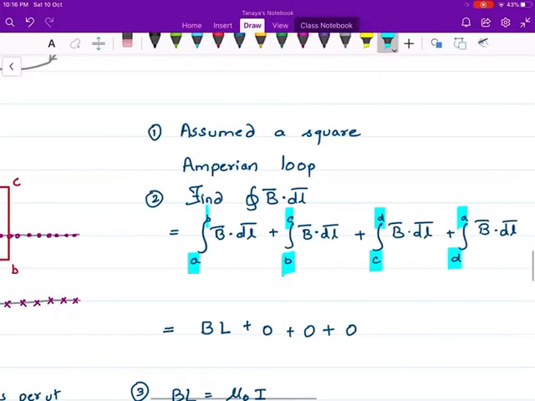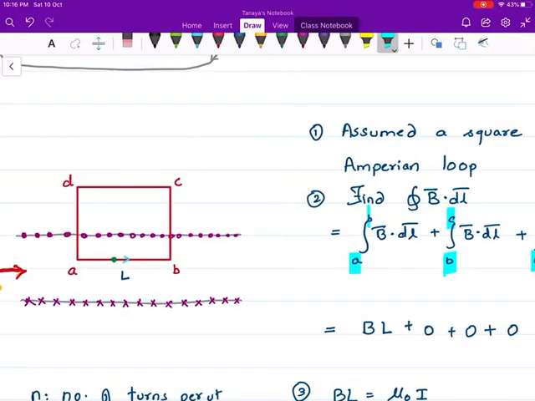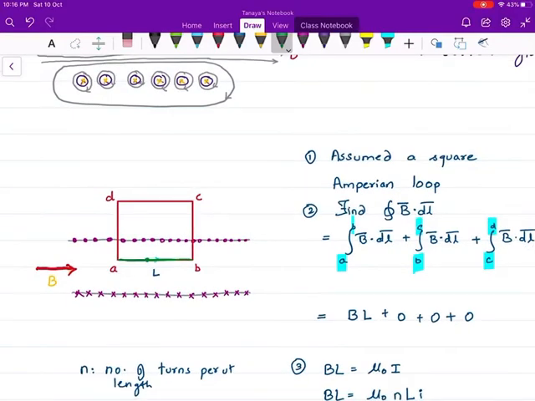Now just see, I will consider the loop from A to B, that is this part. We are considering this part. Now in this case, what is the direction of B? Throughout the inside part of the solenoid, the direction of B is constant. So the direction of B I can show like this. B is directed in this way. DL, what is the direction of DL? DL is also directed in this way, is it not?